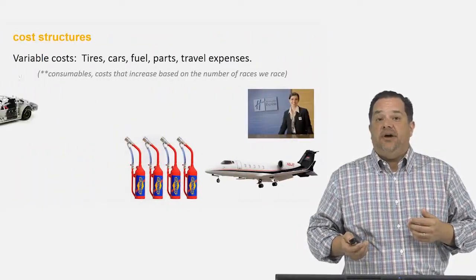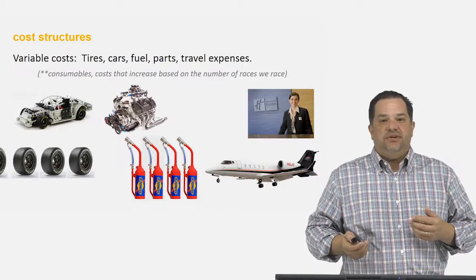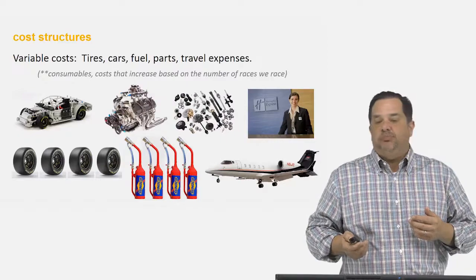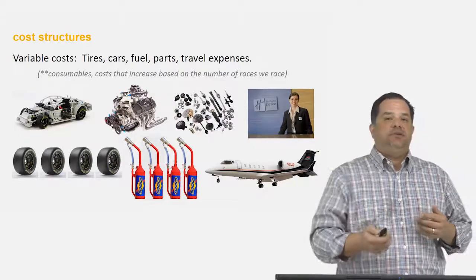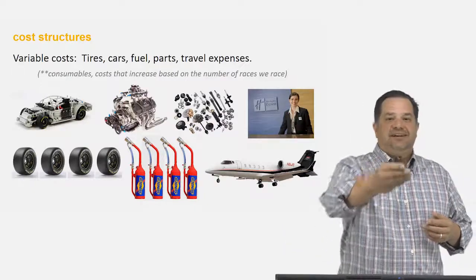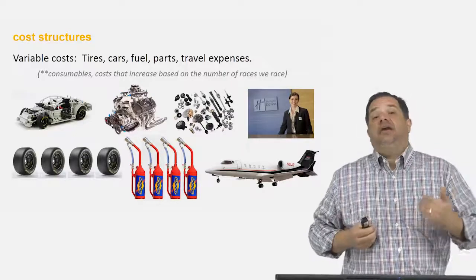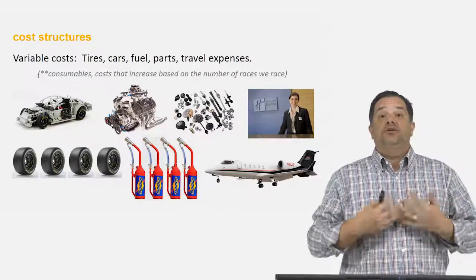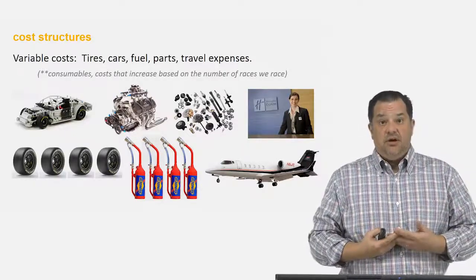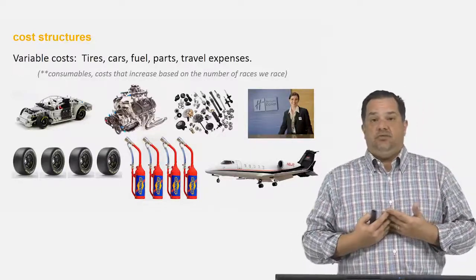Now, when we talk about variable costs, we've got cars, we've got engines, we've got tires, we've got fuel, we've got parts, we've got travel expenses. Maybe that's our private jet or we stayed at a Holiday Inn last night. The variable costs can go up and down. There are consumables usually here, but these costs increase based on the number of races that we race.